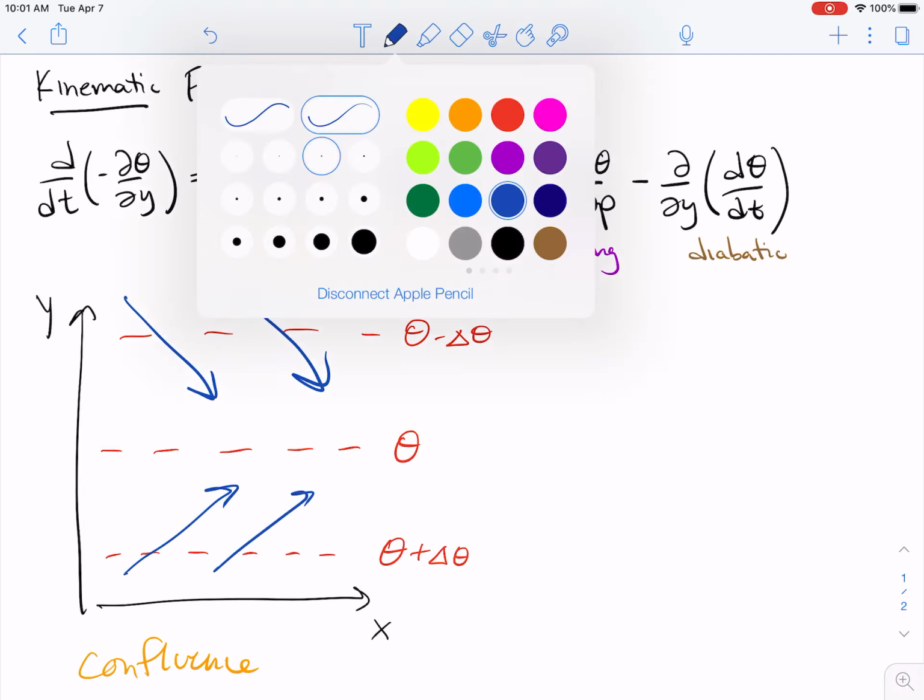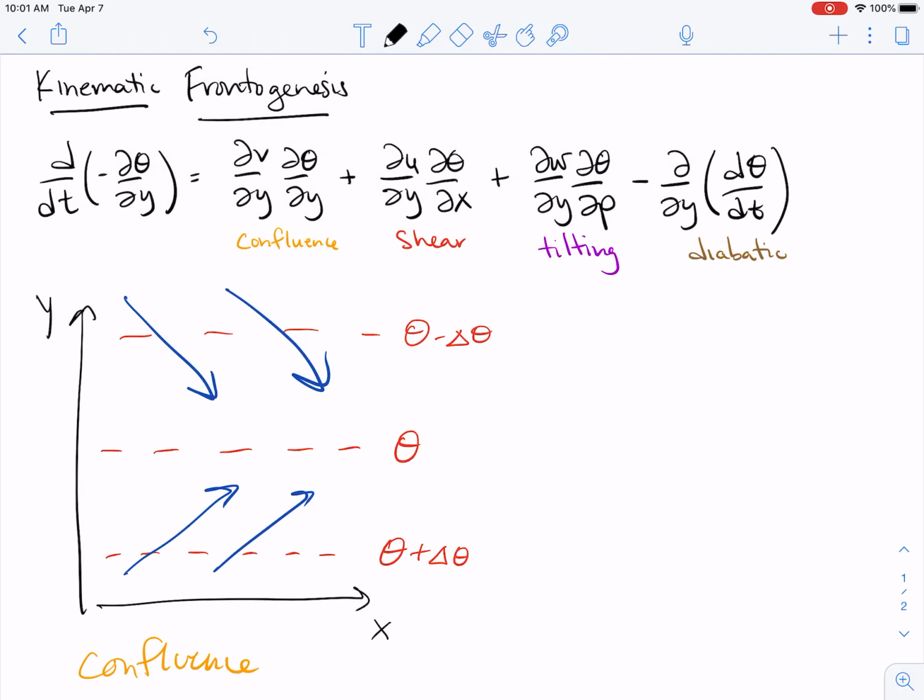So if we were to draw then what would happen at some later time, since that's ultimately what we're trying to figure out here with our frontogenesis, is how is our pattern changing with time? So now we're at t equals t naught plus delta t, if this was t equals t naught. What do you think would happen to our lines of potential temperature?